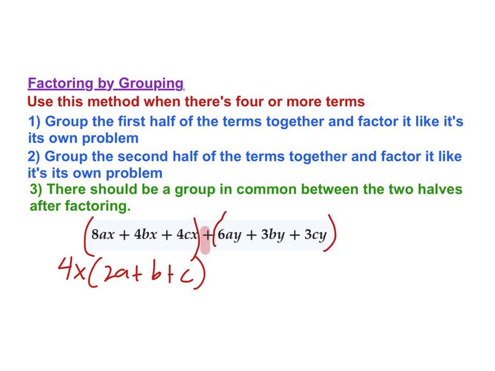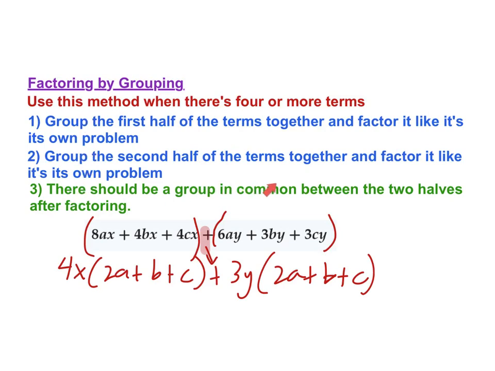So when I look at the second part, what is the greatest common factor over here? 3y. So I pull out the 3y, and here's where that plus comes in. It's that same plus that's still there. What's left over? So it worked, right? I got the same thing, which is good. So that's the first 2 steps.